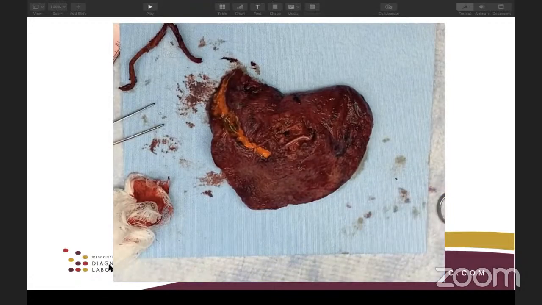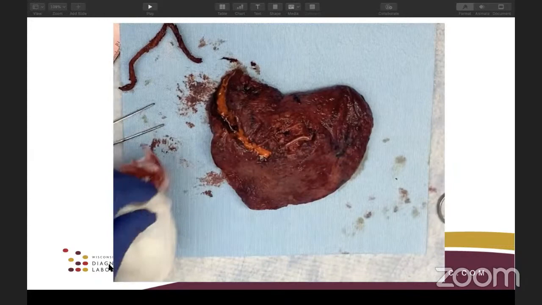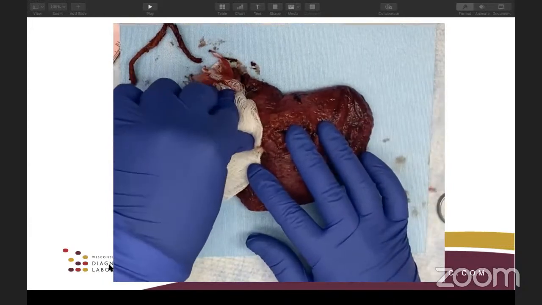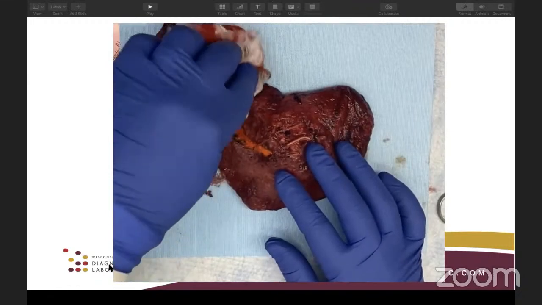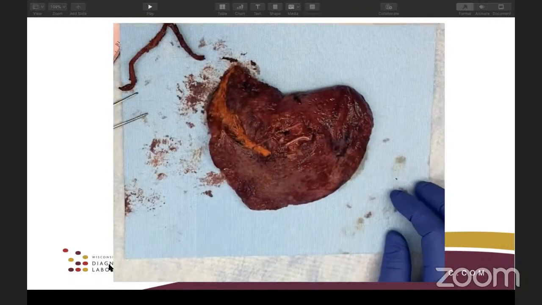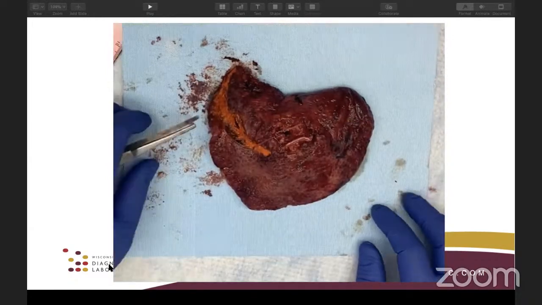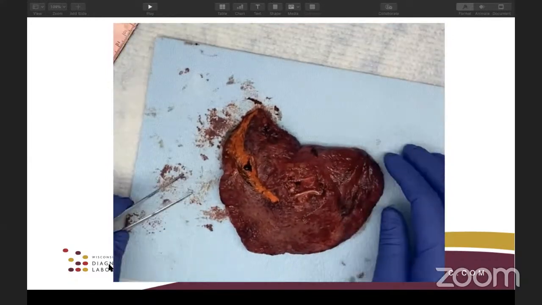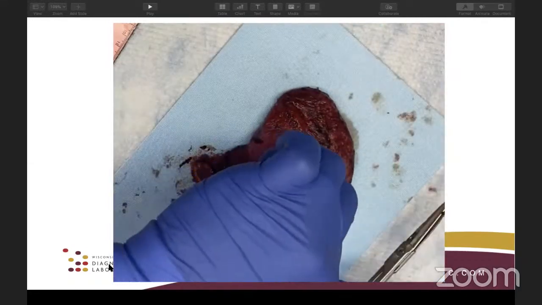Okay, so I've got the margin inked. That's mordant right there. It helps the ink adhere to the tissue. Make sure I dry that off so the ink doesn't get carried over into the other tissue. Now there's one more staple line, the shorter one right there.